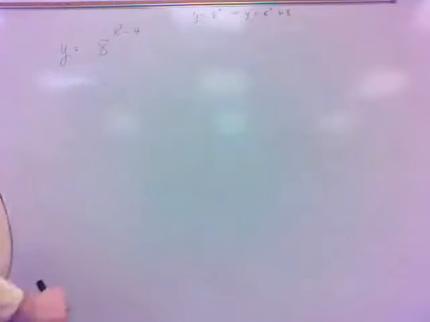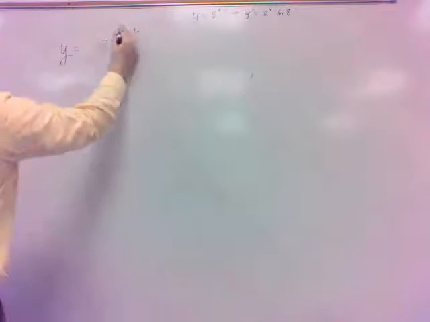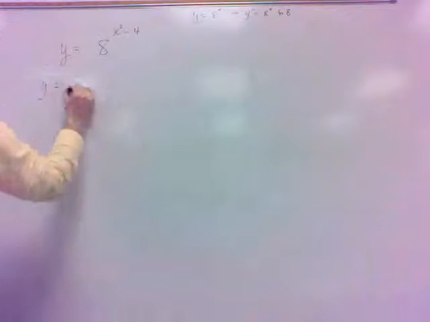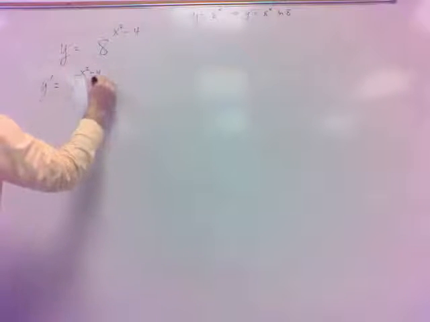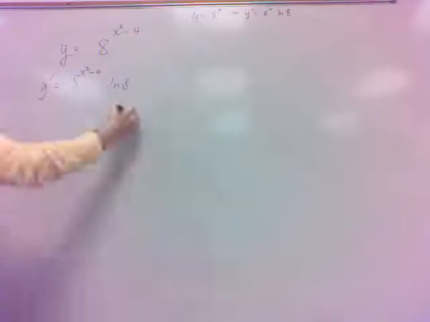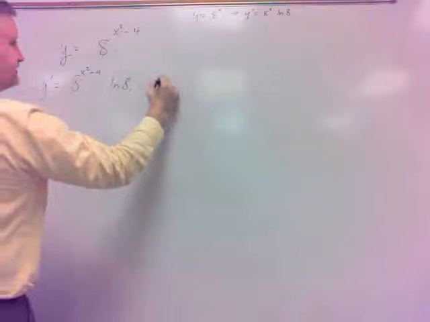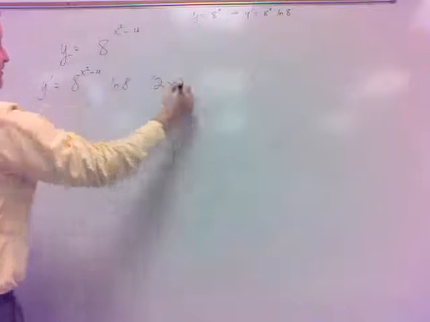Well, the complication here is the chain rule, isn't it? I've got that. It's just now I've got to do the derivative of that times it by that too, don't I? So my derivative, do you see here, is, instead of x, I've got x squared minus 4, so it'd be 8 to the x squared minus 4 times the ln of 8, wouldn't it? But then what else do I have to multiply it by? 2x. The derivative of the x squared minus 4. Exactly right.